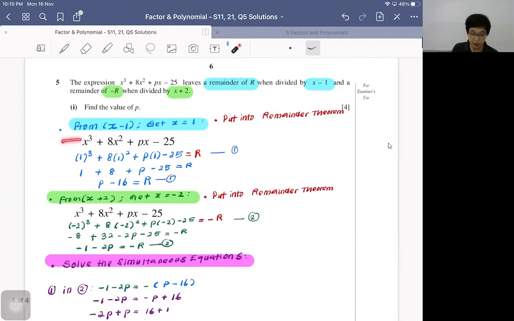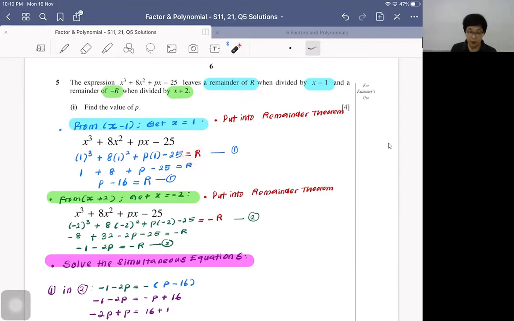As I have put it here, this is the cubic expression given to us. And what we do is we take x equals 1, now substituting accordingly into the cubic expression. The remainder theorem tells us that it equals r, which is given to us by the question.